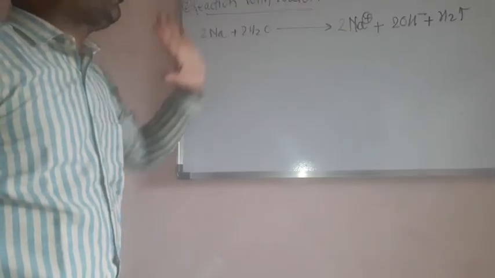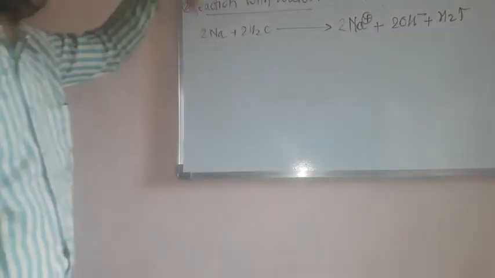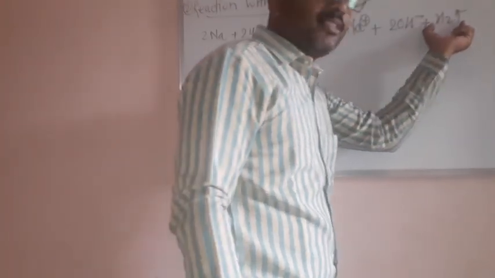I already told you, repeat this reaction. When the group first elements, lithium, sodium, potassium, rubidium, caesium, and francium, react with water, the lithium, sodium, and potassium float on the surface of the water because of the evolution of hydrogen bubbles.